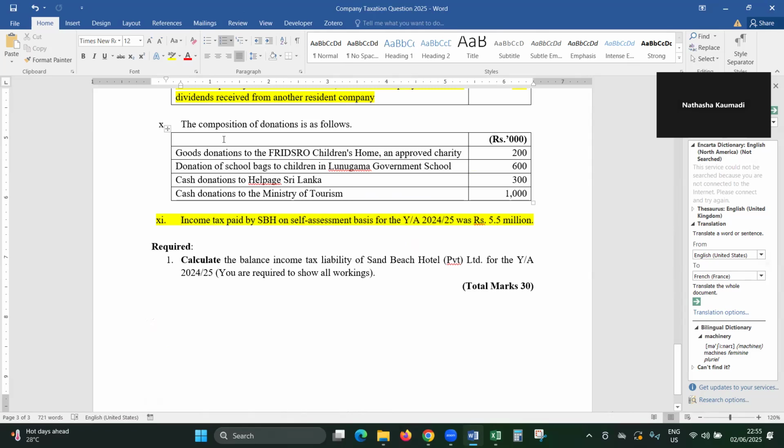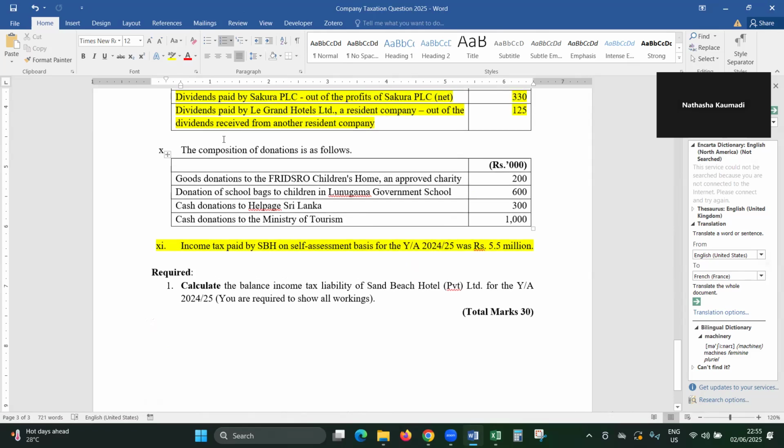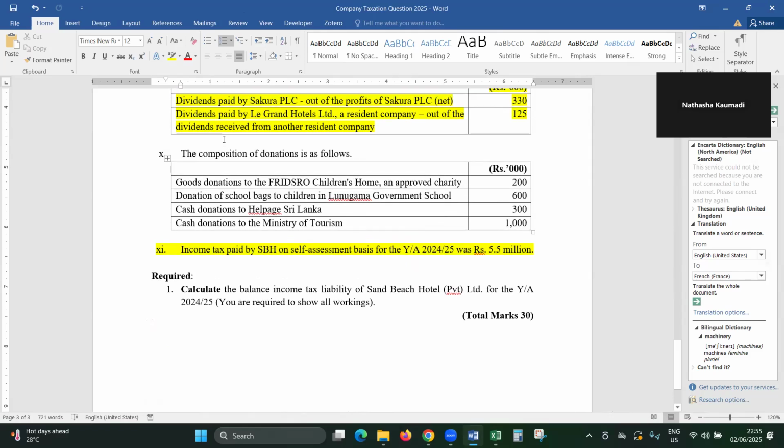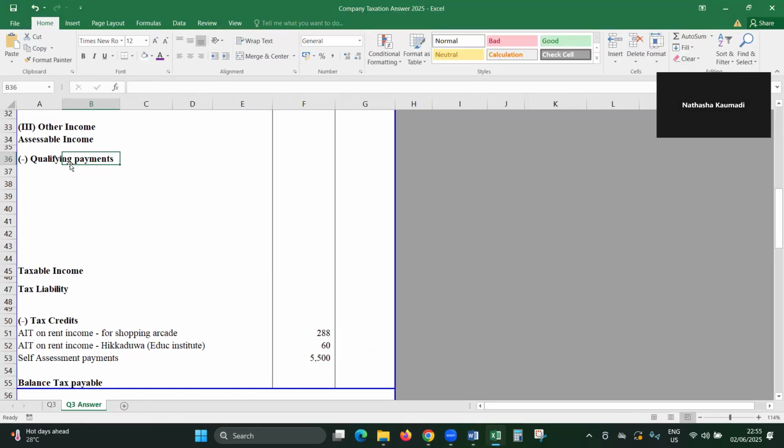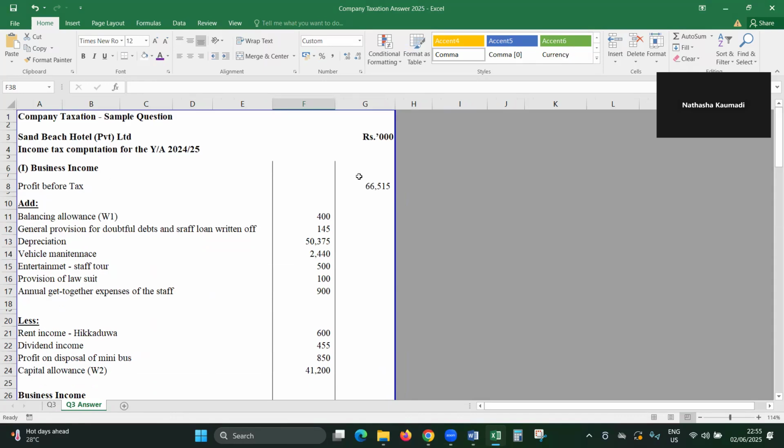And then we have donations. Now, you know that donation should be separately taken as qualifying payments. If you are deducting donations as qualifying payments here, in the accounting profit before tax, this has already been deducted.